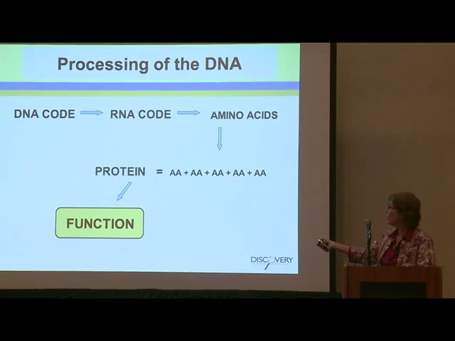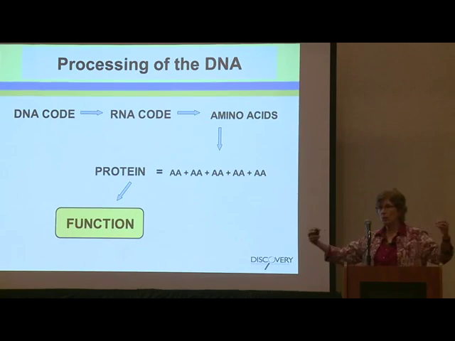The DNA codes for the RNA. The RNA codes for what are called amino acids. When you string the amino acids together, that forms a protein, and that protein gives you a function. So now what we're going to do is look at the DNA, because if the DNA is bad, then this is all going to get messed up and the function's not going to be good.